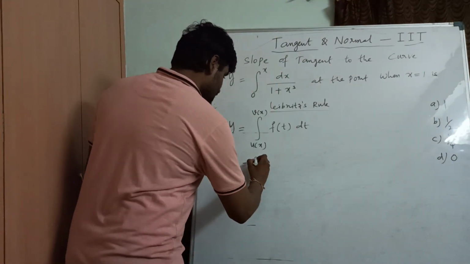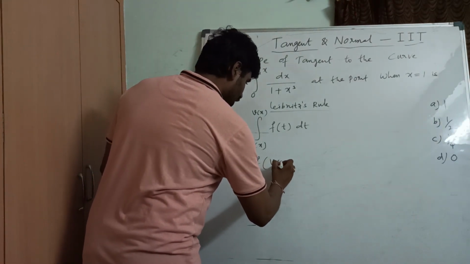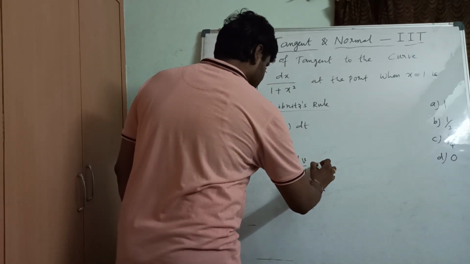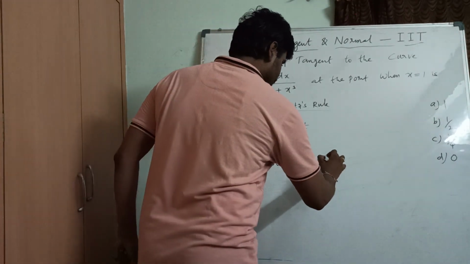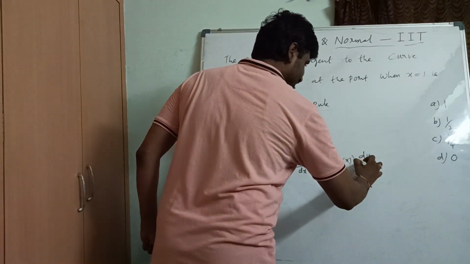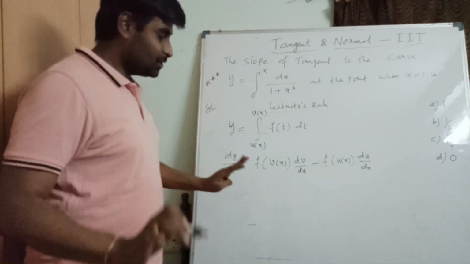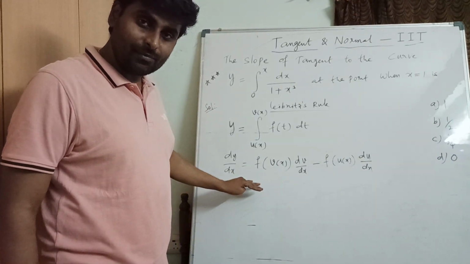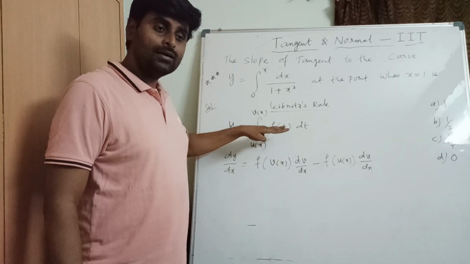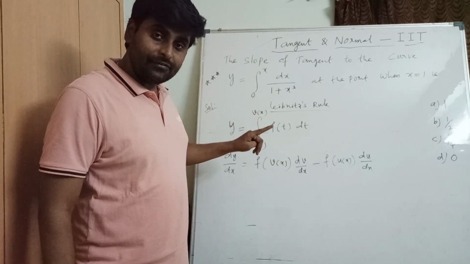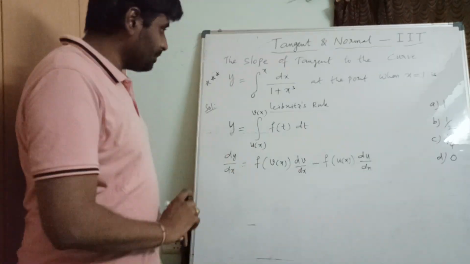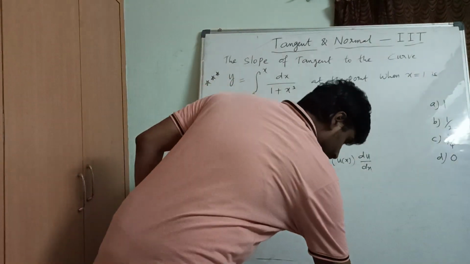So first the functional value of upper limit, f of v of x, after that the derivative of this, dv by dx, minus the function value of lower limit into the derivative of lower limit, du by dx. That's it. So this is the formula. Why do we use this formula? Generally this formula is helpful in finding the differentiation of a definite integral. Clear? So now let us go for applying this same formula in solving this problem.